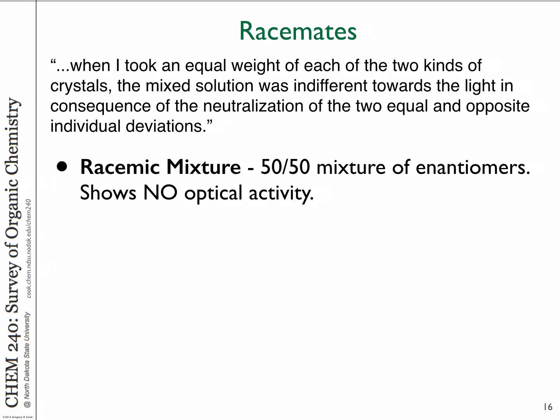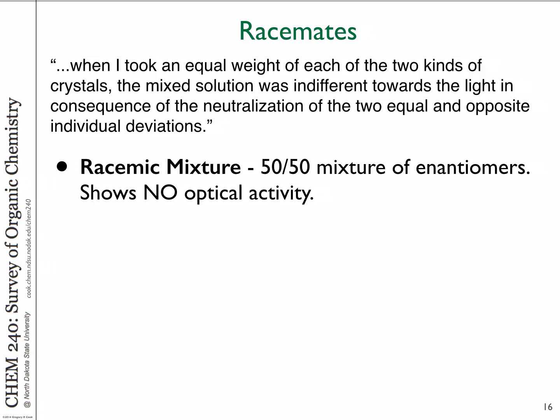So in essence, he found that if you mix the two mirror images together in equal amounts, then the light is no longer deviated. Okay? And that makes sense. If you have a 50-50 mixture, one will rotate the light a little bit to the right, it hits the next molecule, which will rotate that light a little bit to the left. So if you have an equal number of both, there's going to be no change as the light comes out the end, right? Everything is going to cancel.